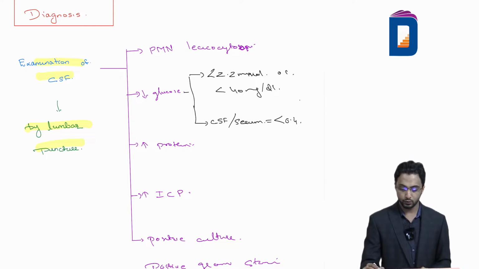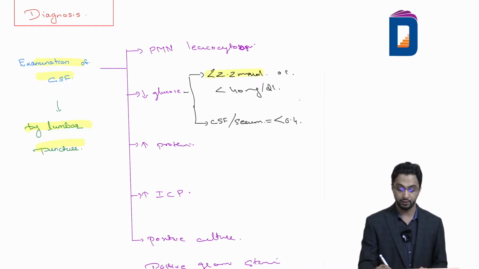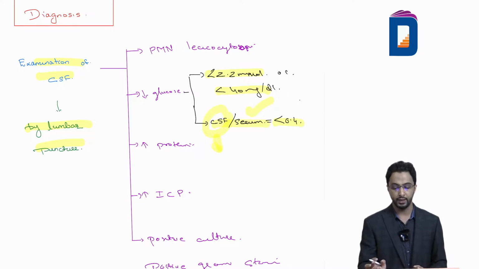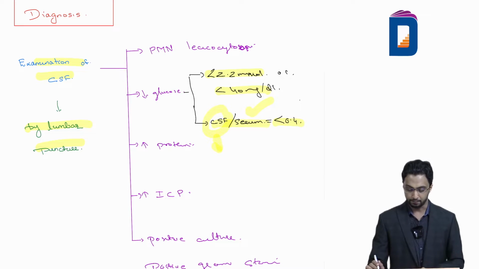So what you need to know is the level of glucose is less than 2.2. More importantly, for the Indian system, it is less than 40 milligrams per deciliter, or the ratio is less than 0.4. Definitely, because serum has more glucose, and here the CSF glucose is further coming down, so it's going to be a ratio which is slightly less than 0.4.